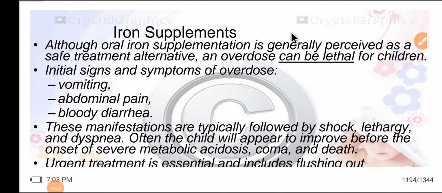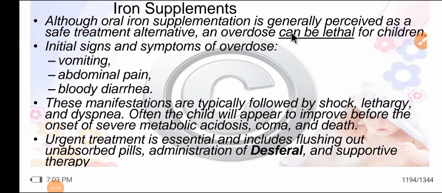These manifestations are typically followed by shock, lethargy, and dyspnea. Often the child will appear to improve before the onset of severe metabolic acidosis, coma, and death. Urgent treatment is essential and includes flushing out unabsorbed pills, administration of Desferal, and supportive therapy.